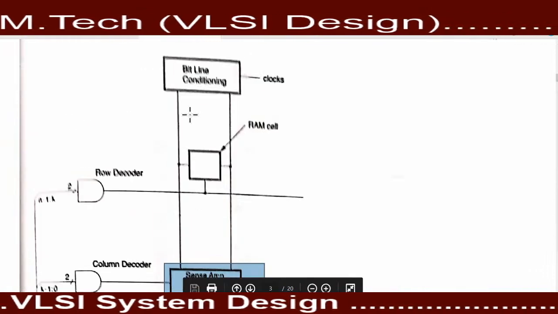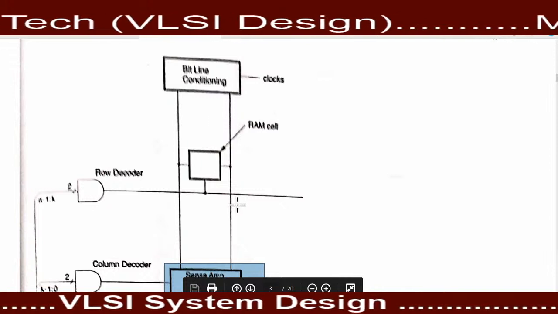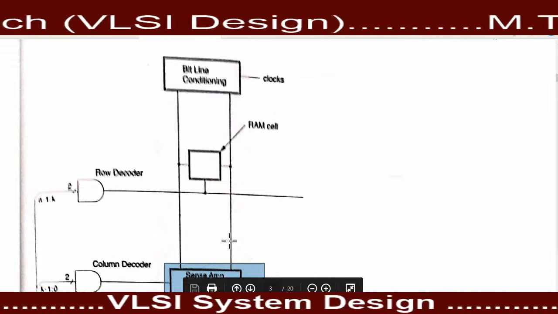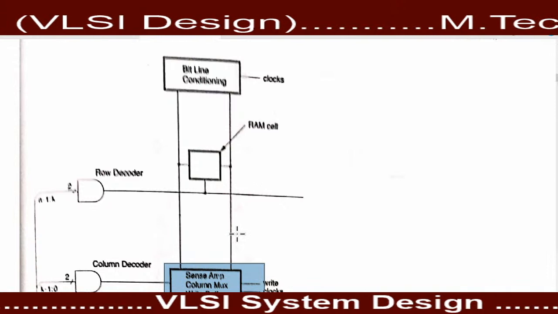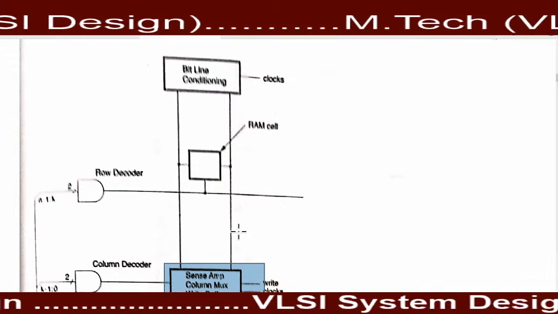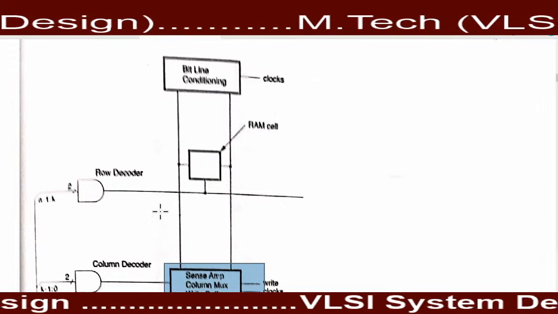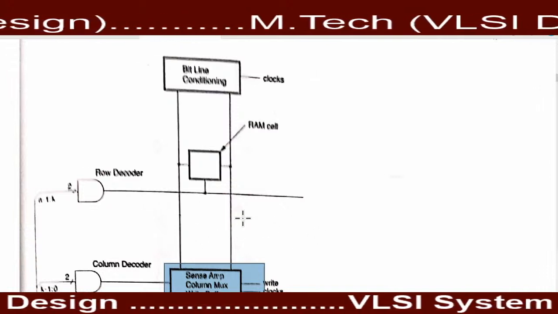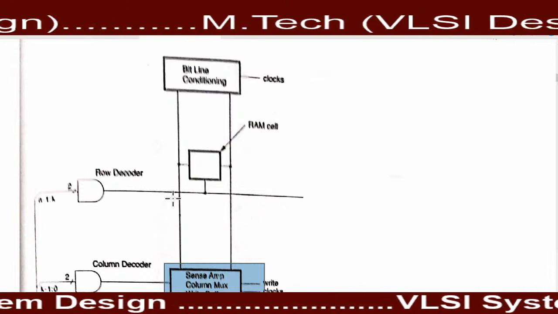The vertical line is responsible for providing the bit along with the clock. And this horizontal line is responsible for providing the word.